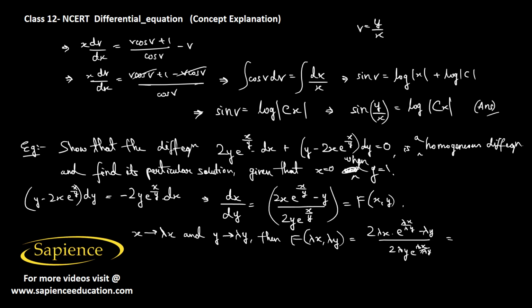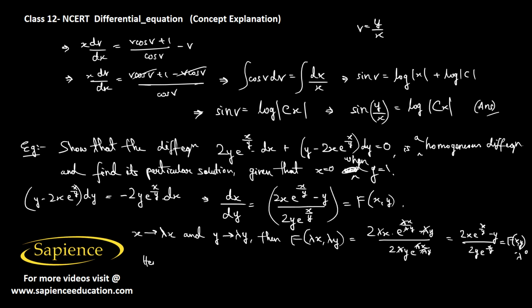So the lambda will cancel out, and that will be equal to 2x e power x by y minus y by 2y e power x by y, which is the same as f of x comma y into lambda power 0.